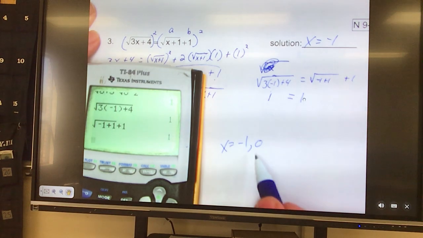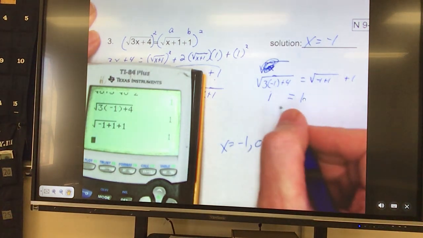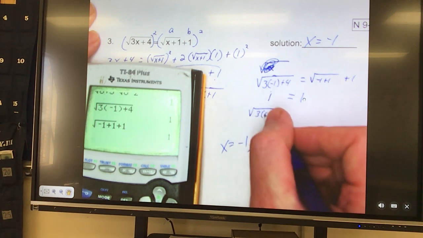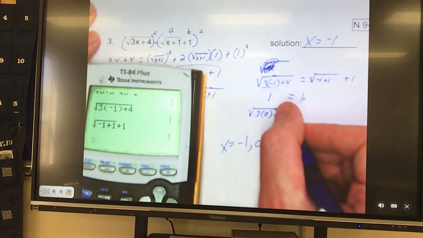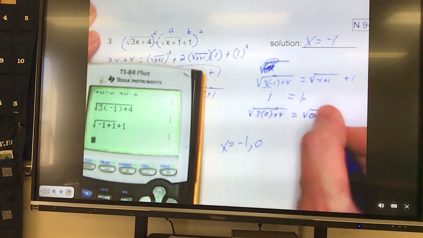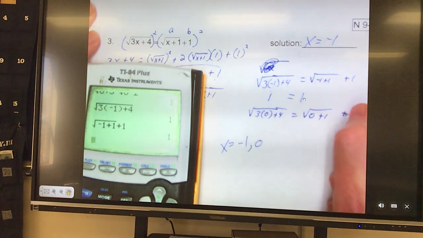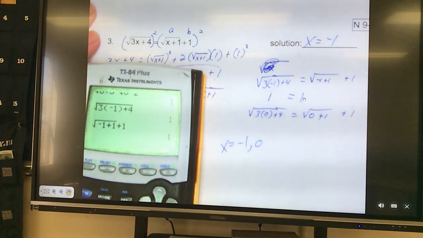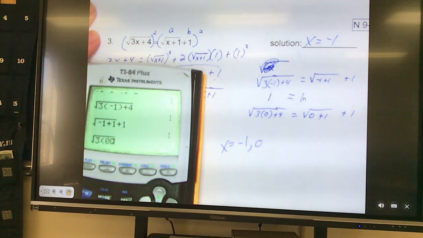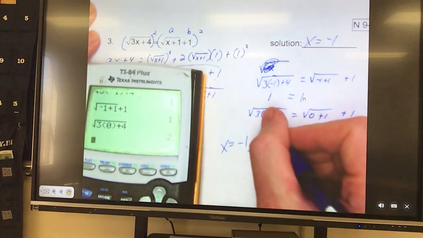Now let's try plugging 0 in, same way. So I've got square root 3 times 0 plus 4. We want to see if it equals square root of 0 plus 1 and plus 1. Second, square root 3 parentheses 0, close it, plus 4, hit enter, and it says 2.